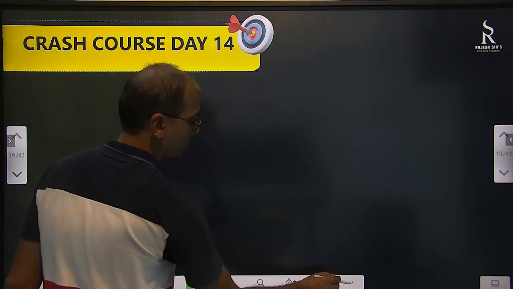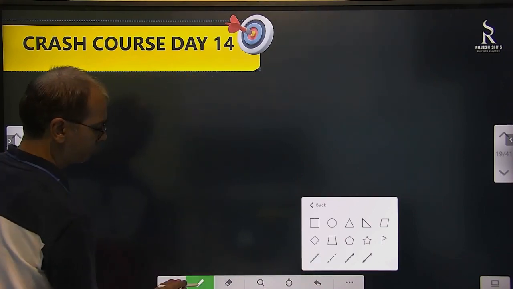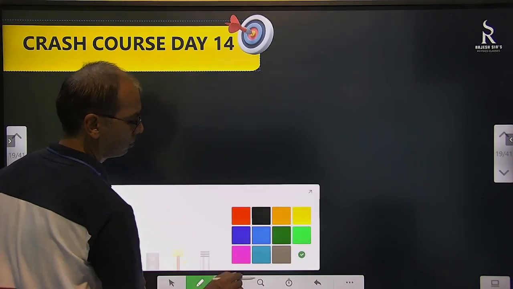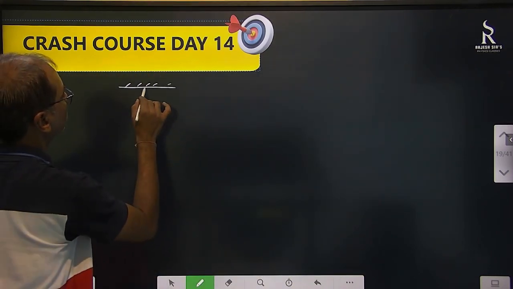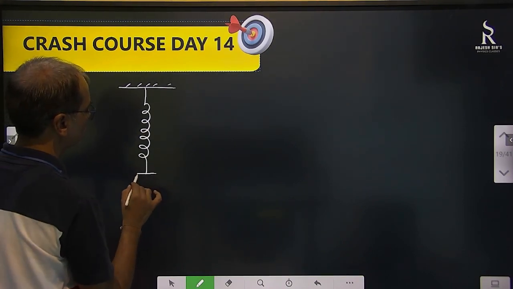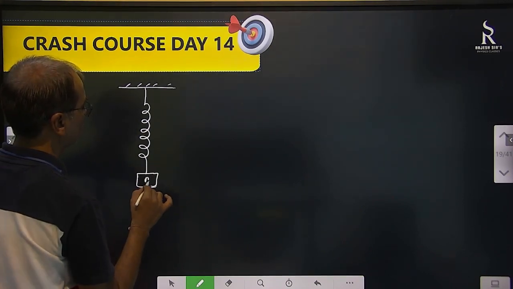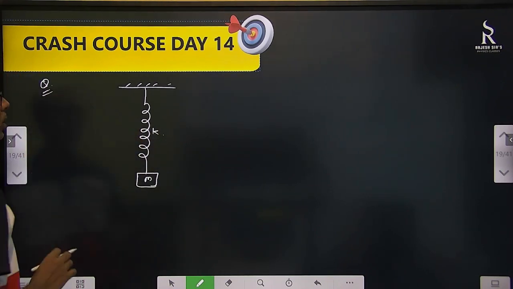If we take the simplest of spring mass system, like this. Now this is already in equilibrium position.